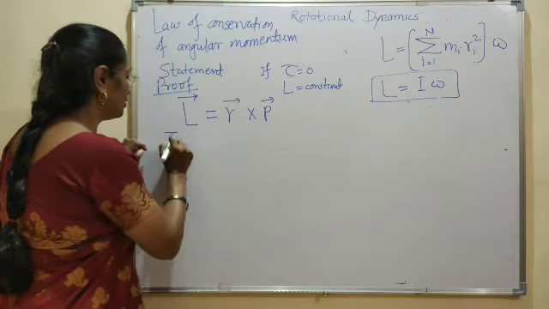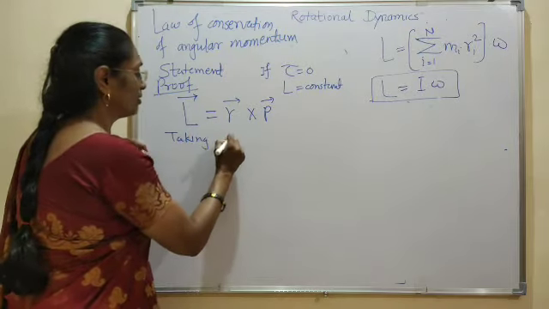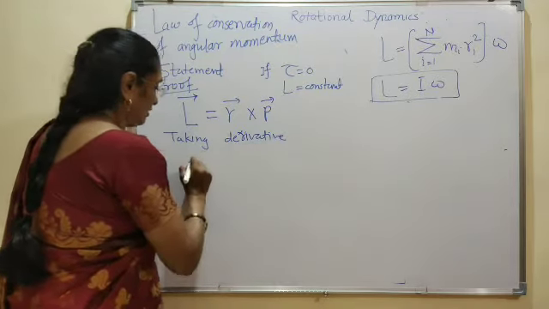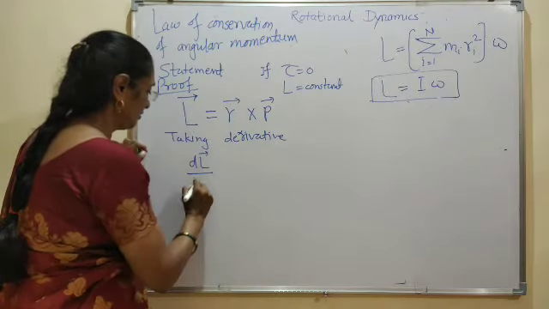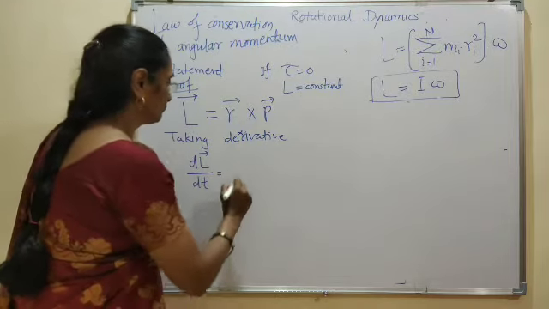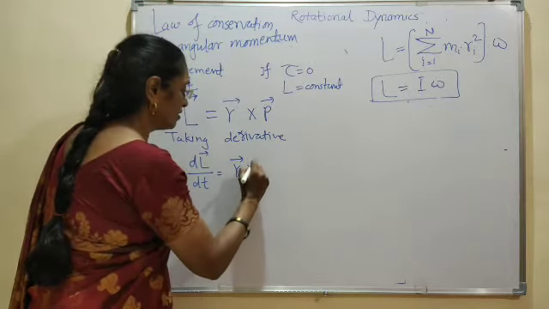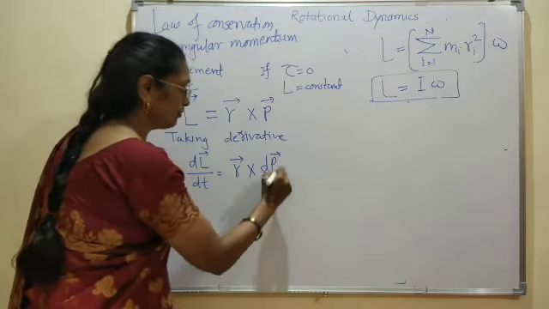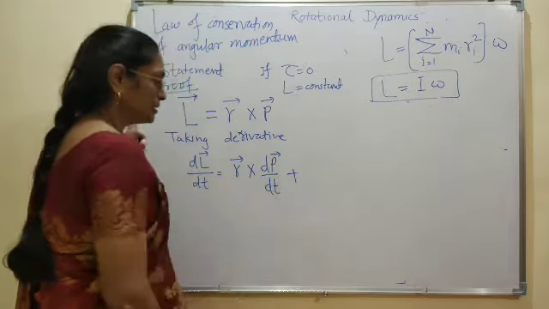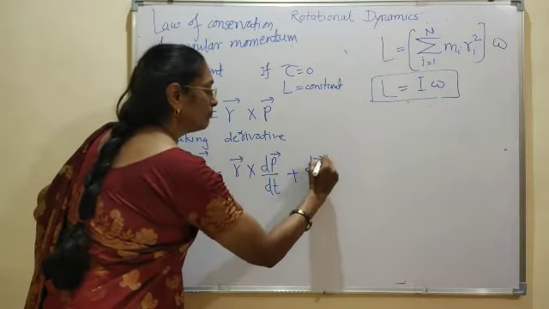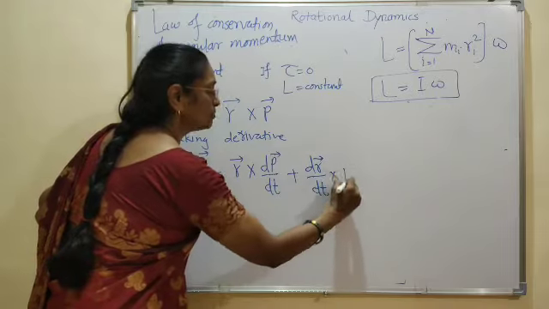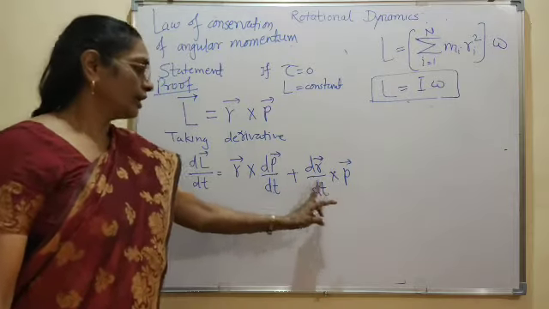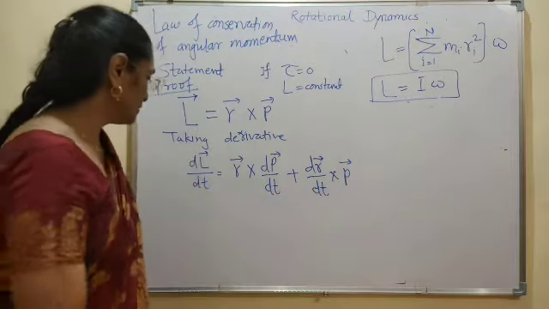So taking the derivative on both sides with respect to t, dL by dt is equal to vector r cross dp by dt, plus dr by dt cross p.